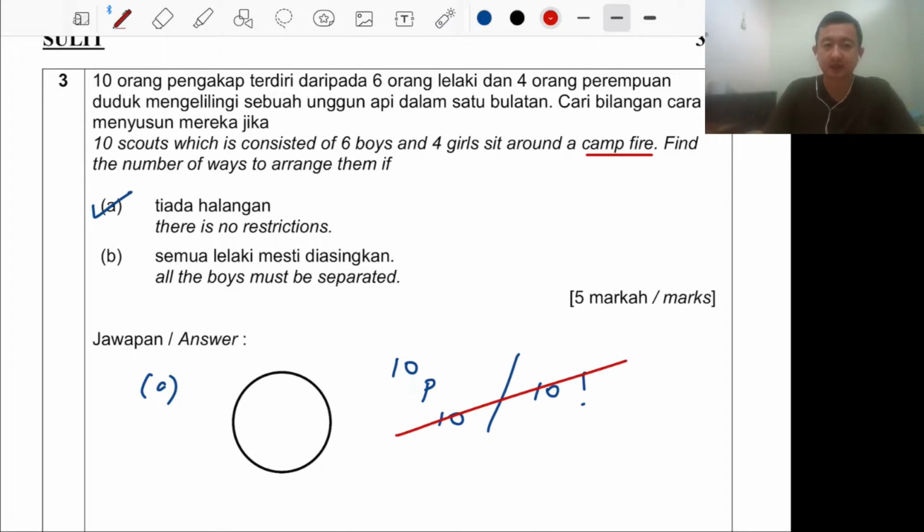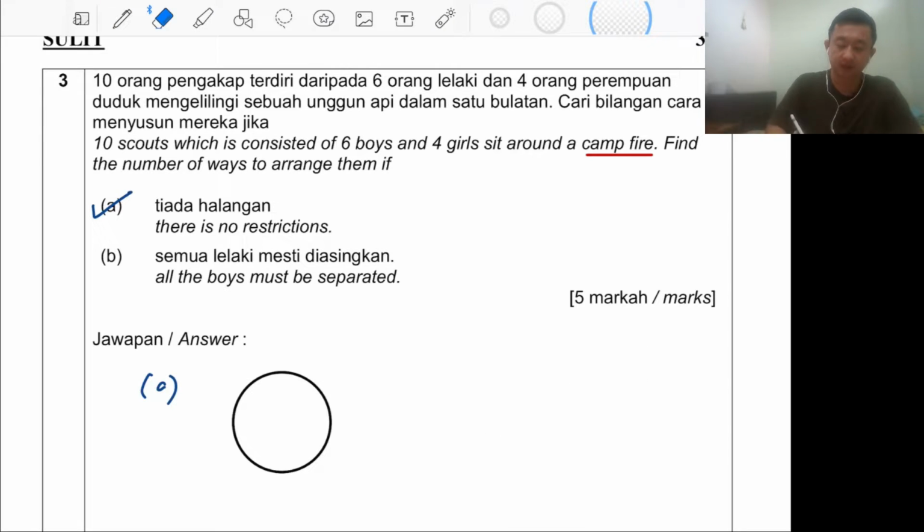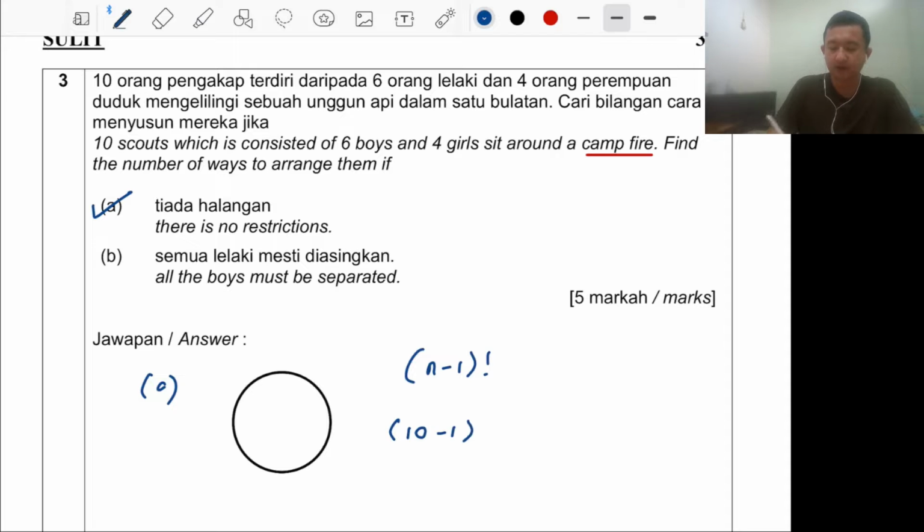Whenever you sit in a circle, the starting point is the ending point. You must always remember, it must be n minus 1 factorial. So there are 10 people here, it should be 10 minus 1, which is 9 factorial with no restrictions.